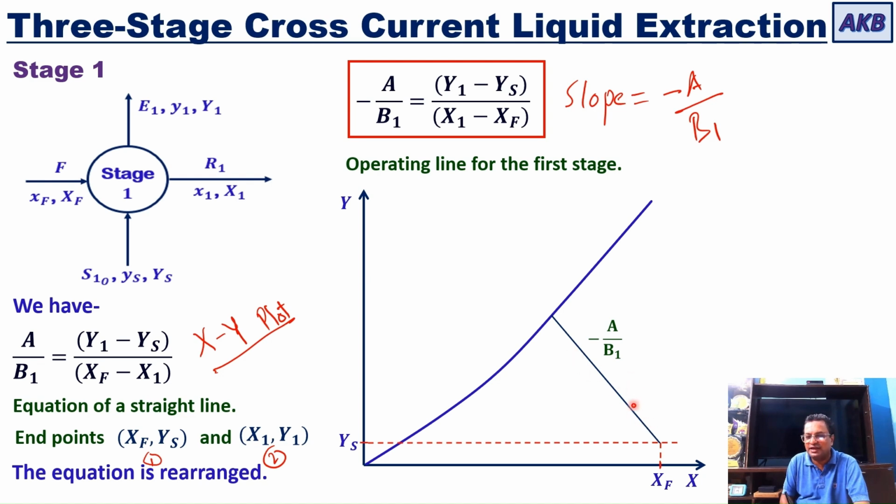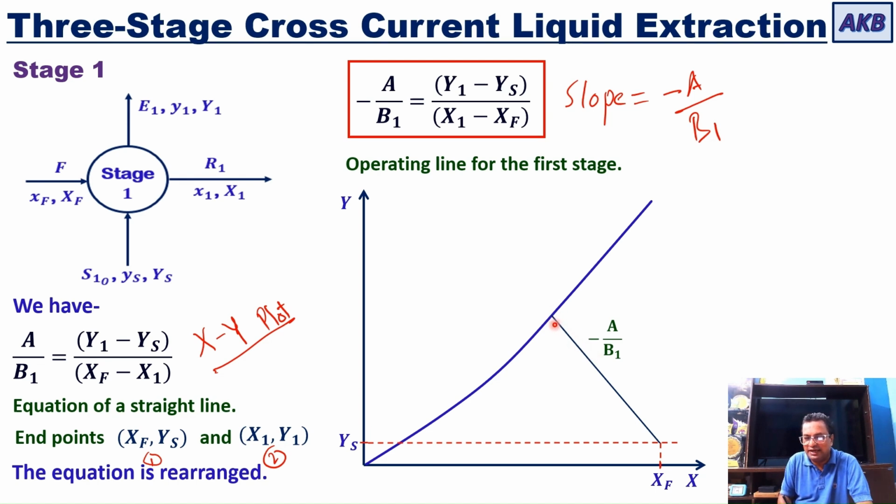So this is the operating line for stage 1. It starts at XF, Ys, this point. And let me tell you, if you are using pure solvent, Ys will be 0. In that case, the operating line will start on the x-axis at XF. The other end of the operating line, we will get it at the intersection point of the operating line with the equilibrium curve.